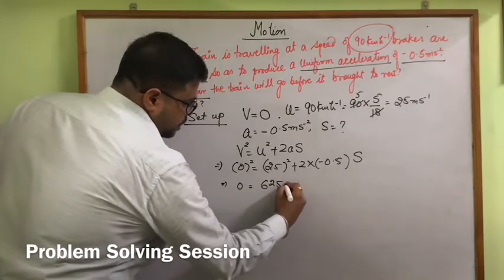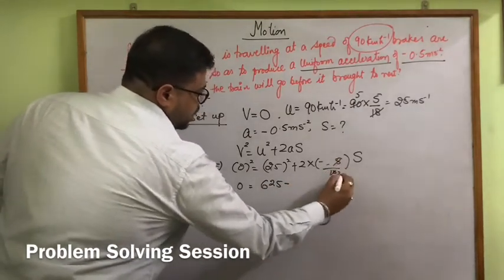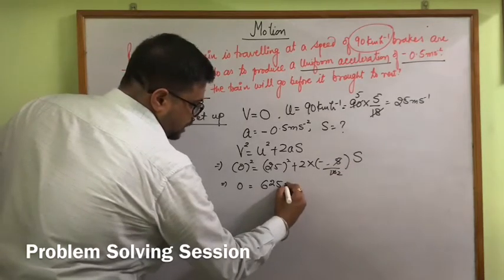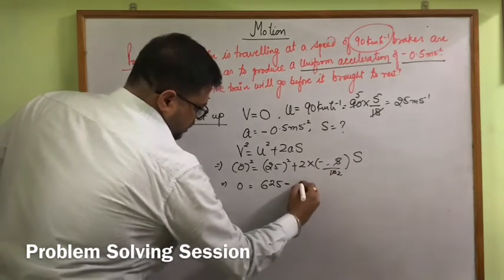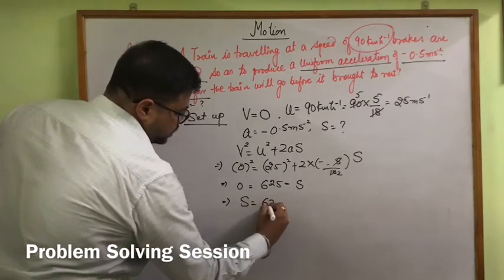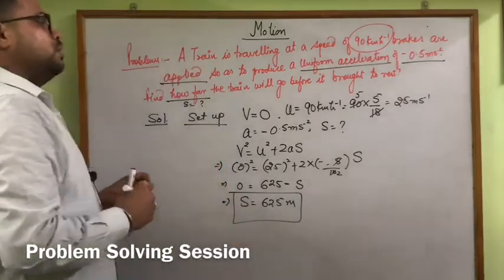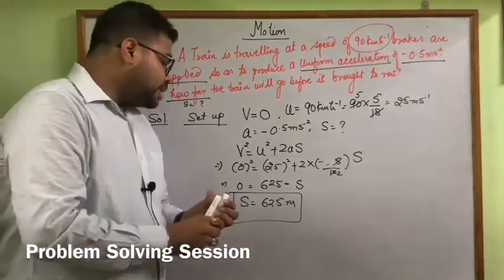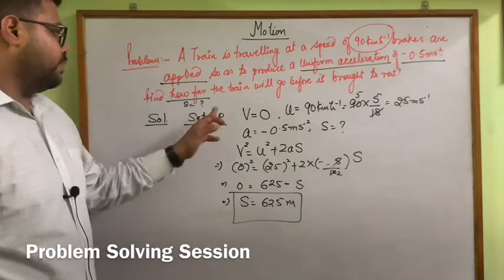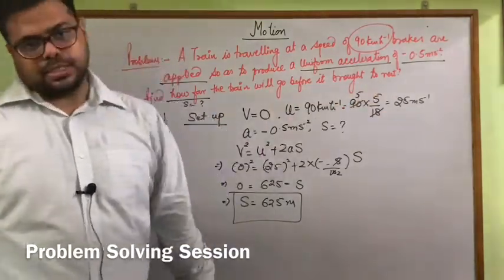Then multiplying with the minus, the signs cancel like that. It will become 2 times 1 minus s. So no problem, s will be equal to 625 meters. So the train will go 625 meters before it is brought to rest.